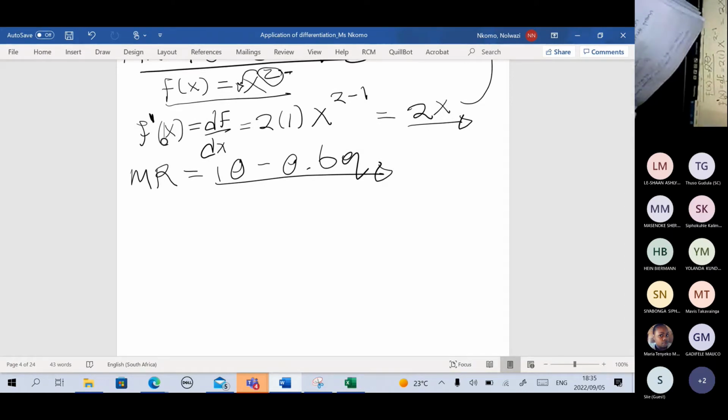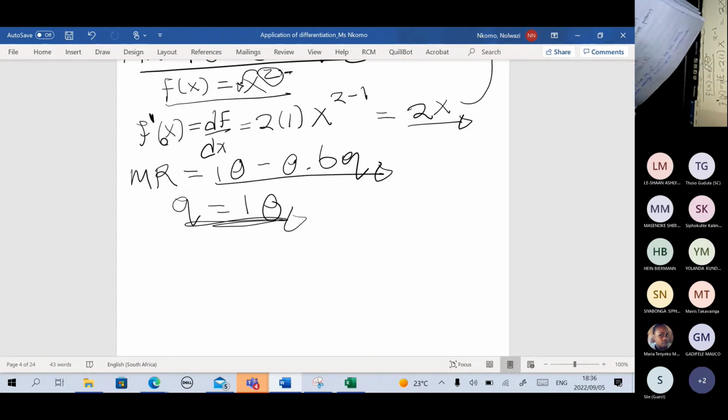In this case, this means Q is equal to 10, right? We are asked to find the marginal revenue after 10 units have been sold, so I want to find the marginal revenue at the 11th unit.